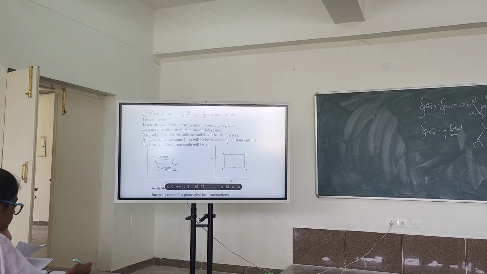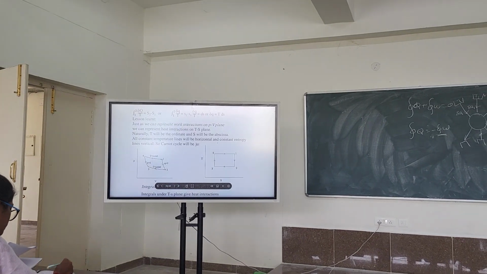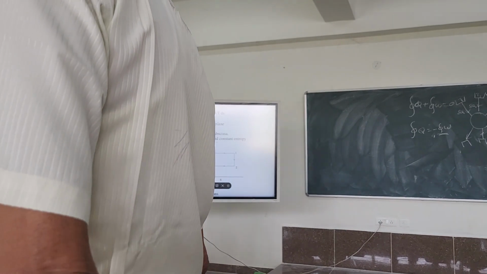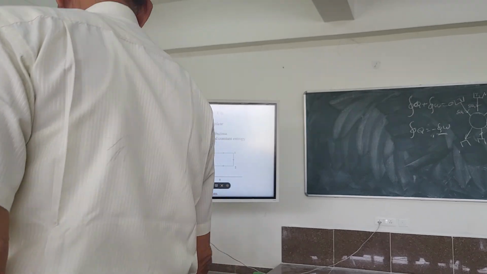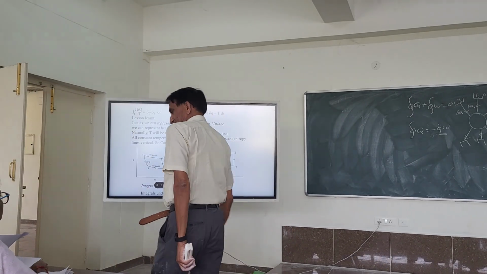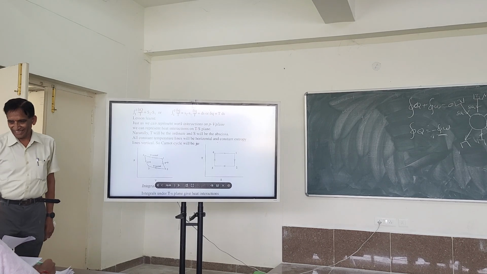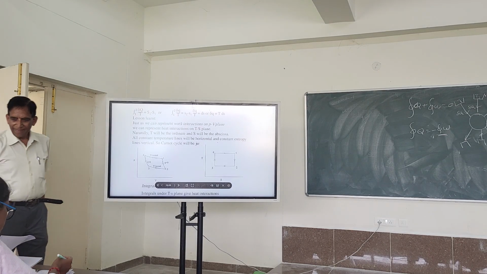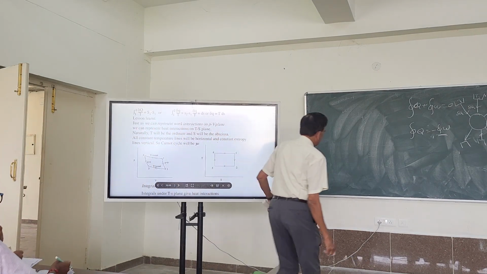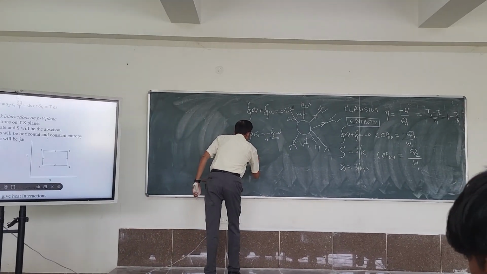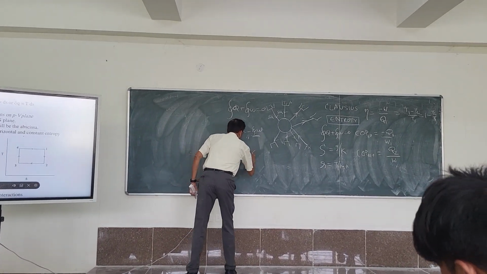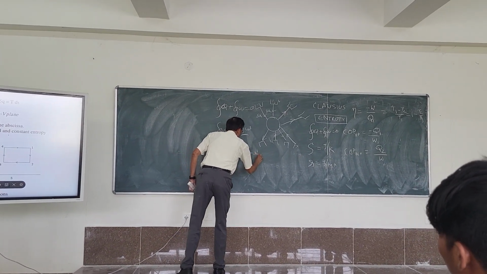T1 minus T2, no, that is efficiency. But here, this area is T1 minus T2 into S1 minus S4.